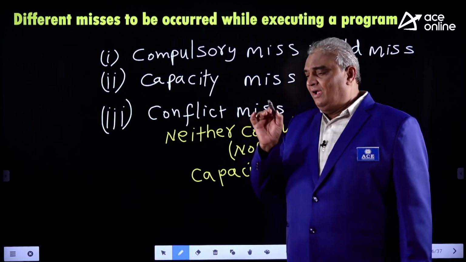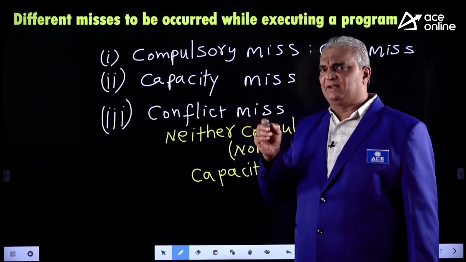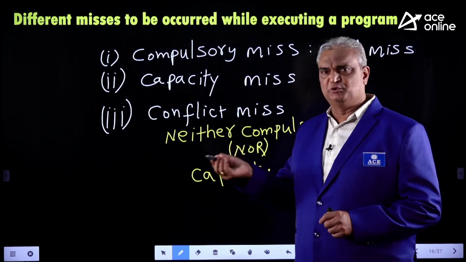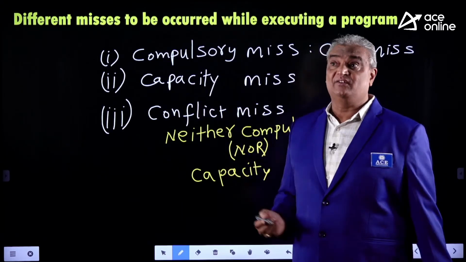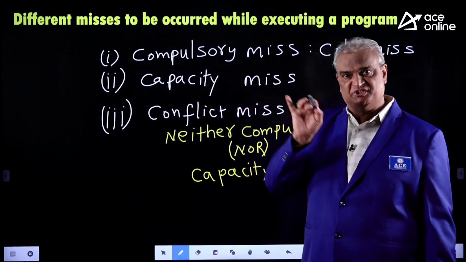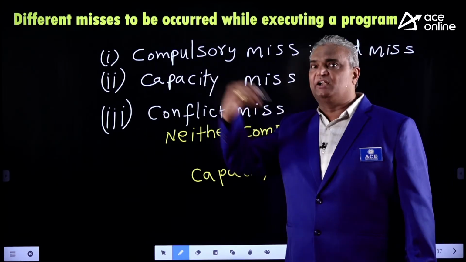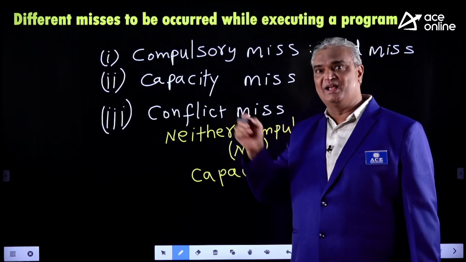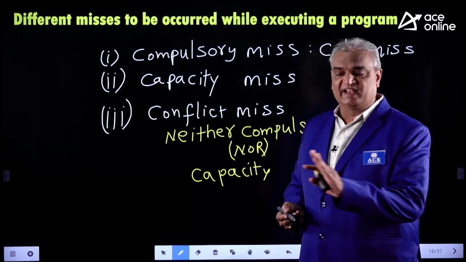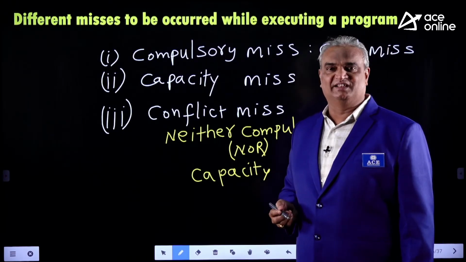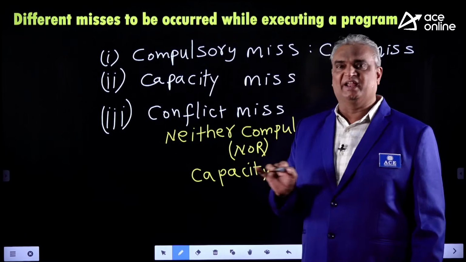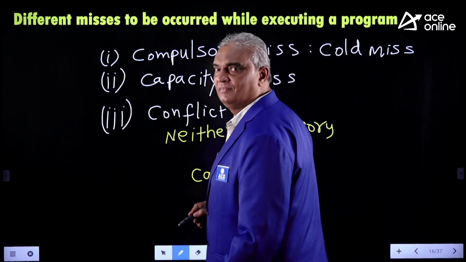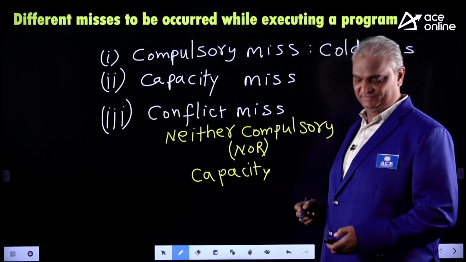Second time means after mapping a block from main memory to cache memory, the processor executes the same. In future, for mapping one more block in the same position, the processor may evict, that is replace, that block, and again the processor may require that block's services in future. Then from the second time onwards, that miss is nothing but a conflict miss. First time, only compulsory miss. These are very, very important.